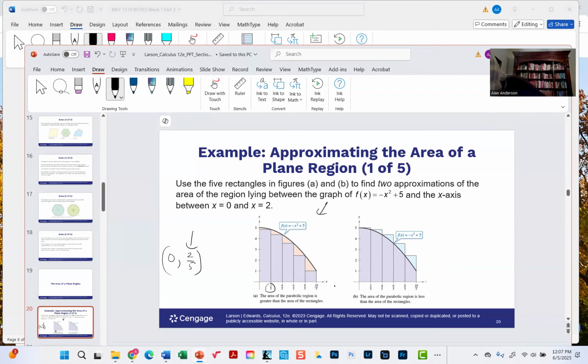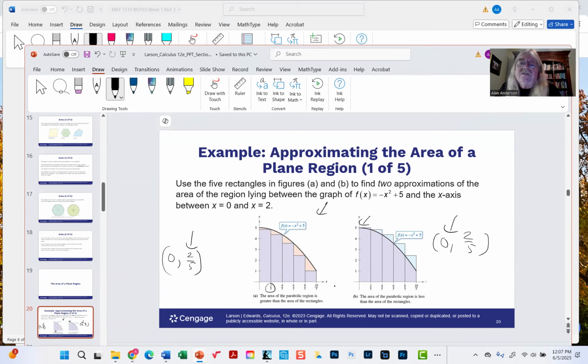Whereas here it's the other way around. Okay, so in other words, there's two approaches to doing this. In the first case, we're taking the height of the rectangle from the right endpoint of each interval. In the second case, it's the left. And you can see in the first case, we're understating the true area. In the second case, we're overstating it.